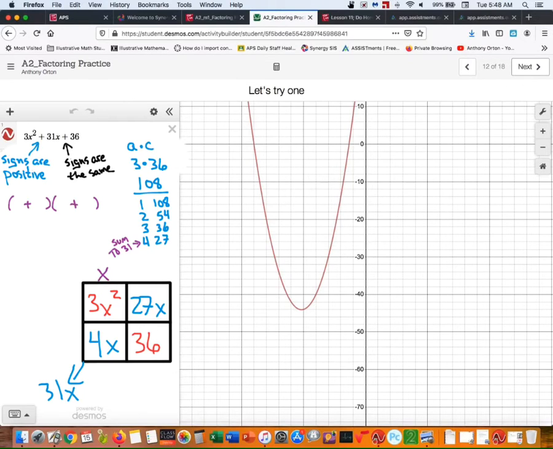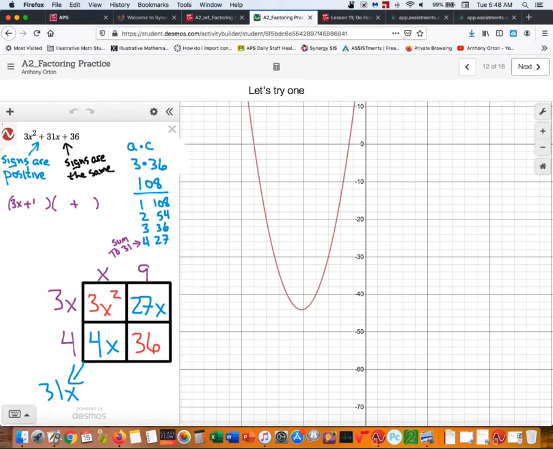So I put the x up on top because with 3 and 4, nothing gets shared there, right? But the x's are shared. So I kind of factor out an x. You can think of it that way as well. So obviously, on the other side is 3x. And then this must be 4, because 4 times x is 4x. And what times 4 equals 36? 9.